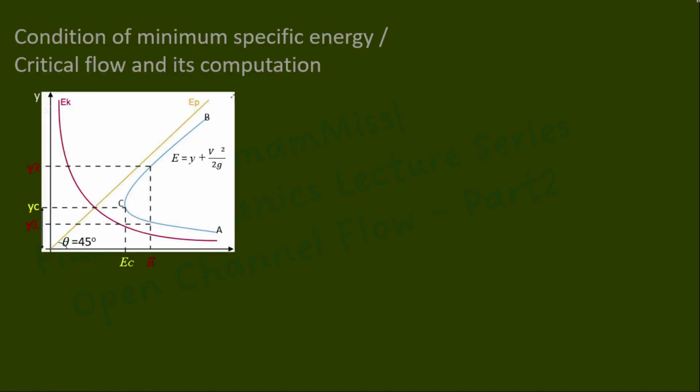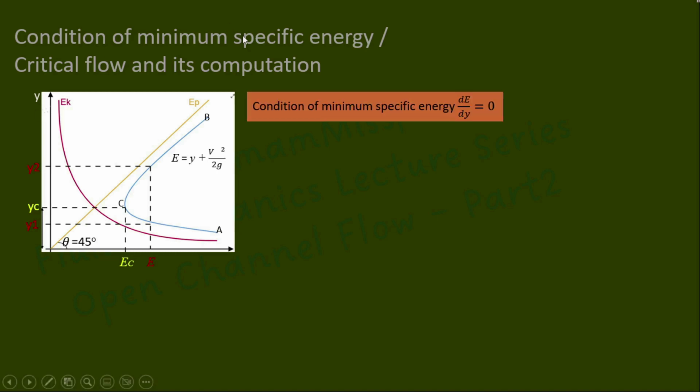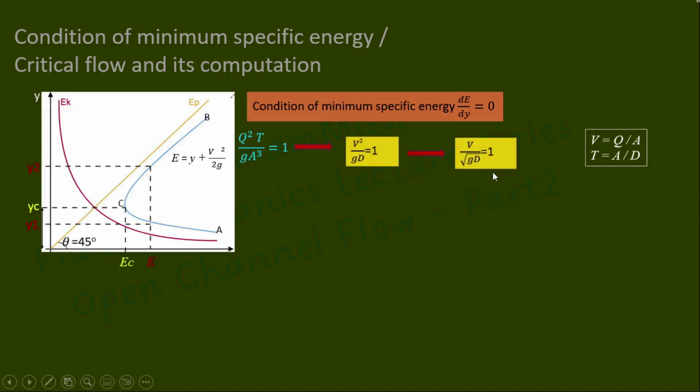We have learned previously that the condition of minimum specific energy, that is dE by dy equal to 0, gives Q square T by gA cube equal to 1. But Q equals AV, and A by T is equal to the hydraulic mean depth D. So replacing Q in terms of AV, and A by T as D, this equation can be modified as V square by gD equal to 1, or V by root of gD equal to 1.